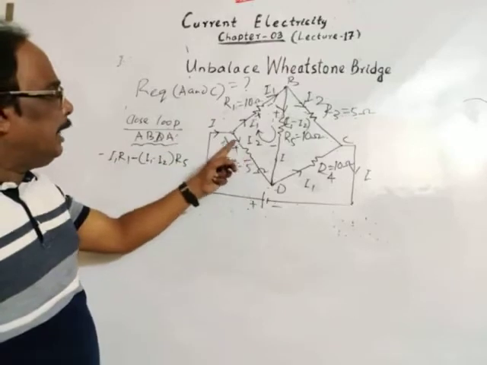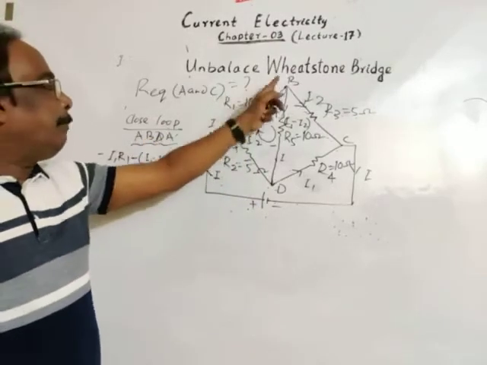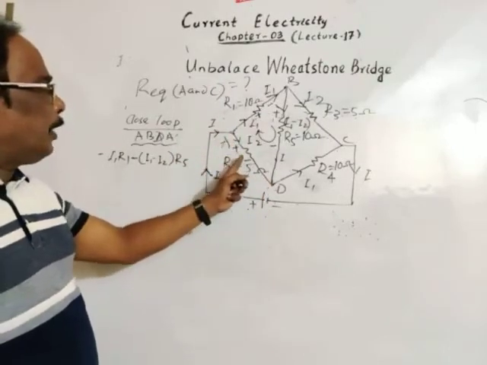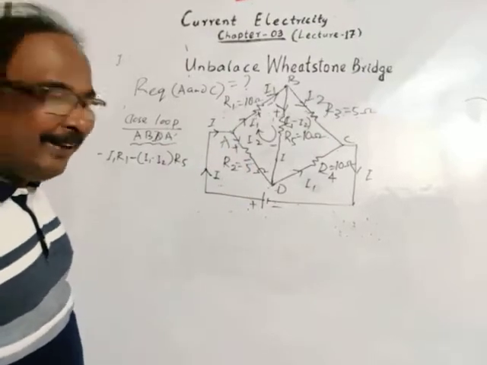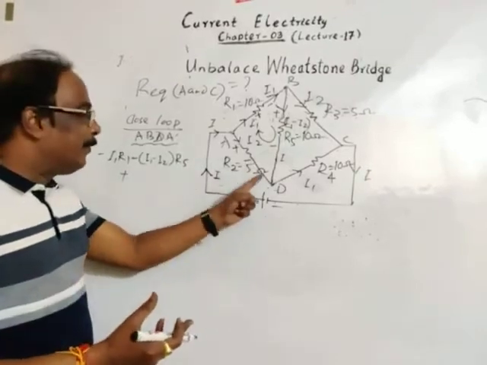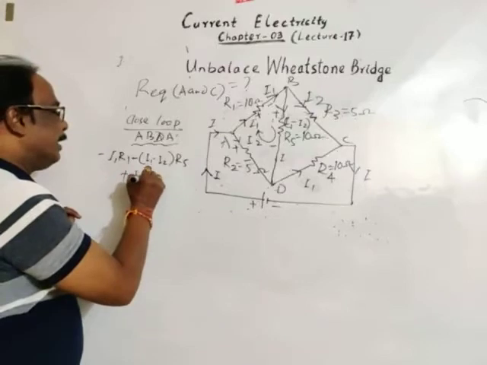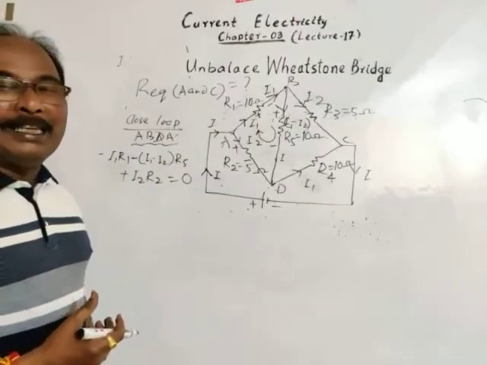Then from D to A, we are moving from low potential to high potential, so we take positive. From high to low negative, from low to high positive. Current is I2, resistance is R2. Then total change in voltage is 0.